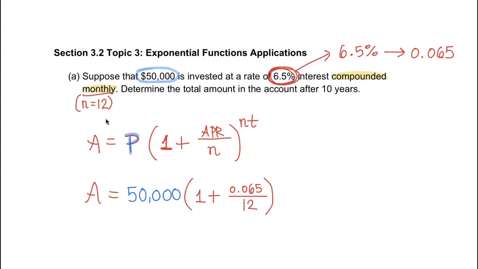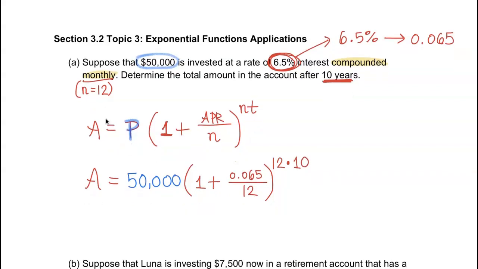Now look, the exponent has to be how many months we have in a 10-year period. How can you figure that out? Each year has 12 months, so for a 10-year period, you can get the number of months by doing 12 times 10. And that's the setup. That's the only thing we have to do.